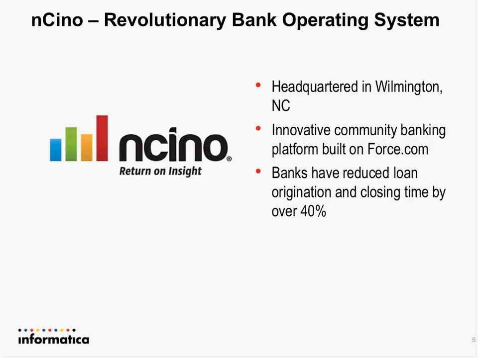What Encino does is it helps all these community banks eliminate a lot of their paper-based processes when it comes to qualifying people for their loans, be it small businesses or individuals looking for mortgages, and streamlines the entire process from the time you originate a loan to the time you actually close the loan. And they've achieved time savings of over 40% with a lot of their customers.